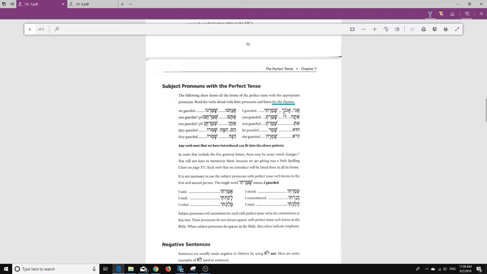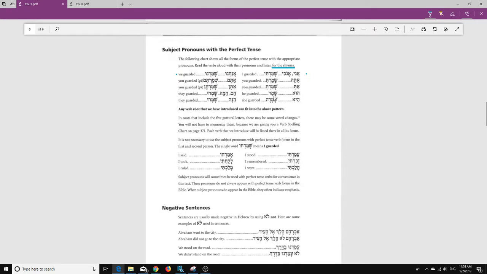So hirik yod is typically going to be a first-person singular ending. Same thing, nun shuruk is typically going to be a first-person plural ending. So nu. So here we have ani or anochi shamarti, I guarded. Ata shamarta, you masculine, guarded. At shamart, you feminine, guarded. Hu shamar, he guarded.